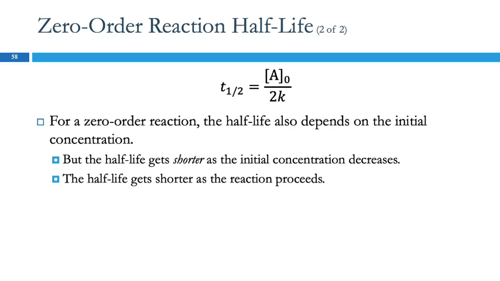For a zero order reaction, the half-life also depends on the initial concentration. But as concentration gets smaller, the half-life gets smaller. That means the half-life is shorter as the reaction proceeds. Second order, it's longer as the reaction proceeds, and for first order, it stays the same.